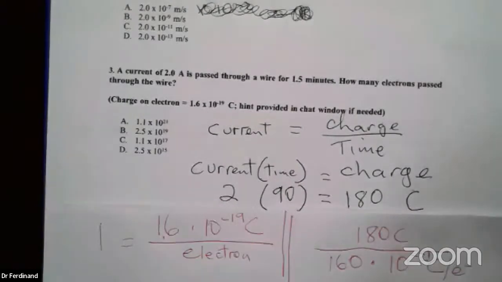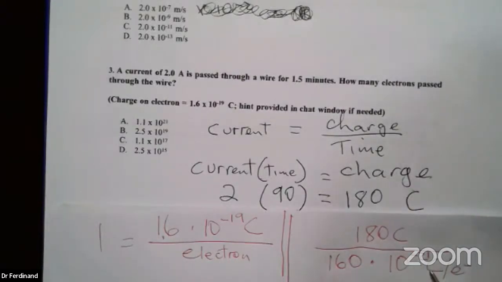And you might wonder, why did I just do that? I'm making some projections. First of all, why would I divide it and not multiply it? Because this number is the number one, since it's coulombs per electron.